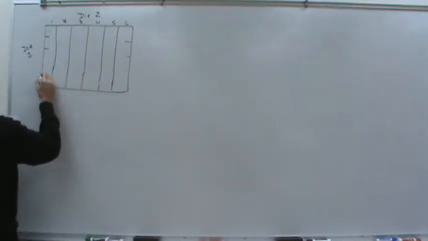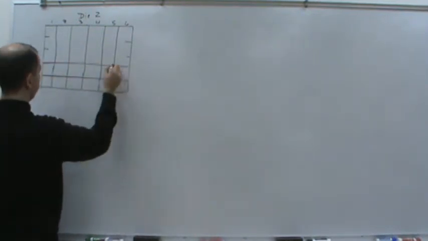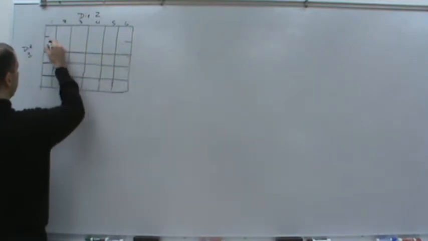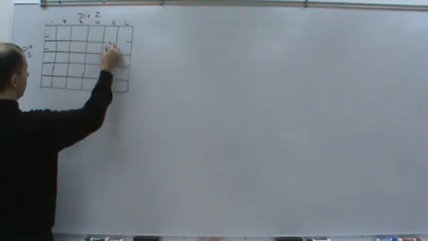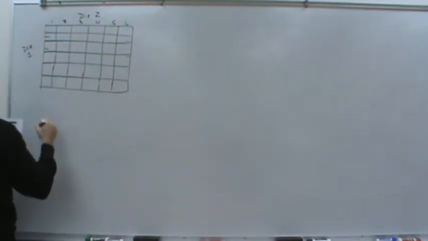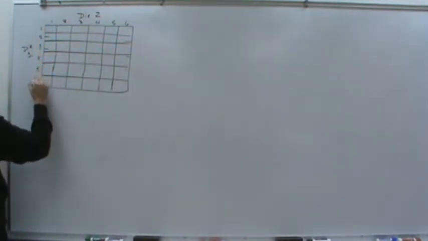Okay, so let's say we do 1, 2, 3, 4, and 5. So we get 1, 2, 3, 4, 5, 6.